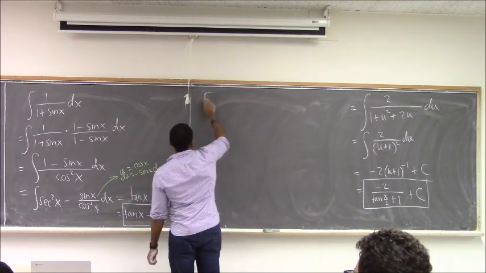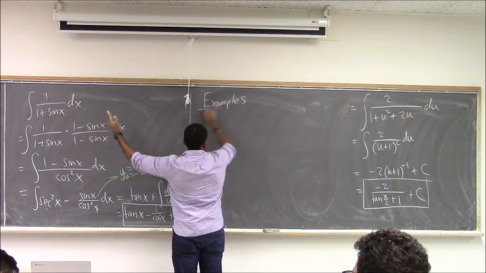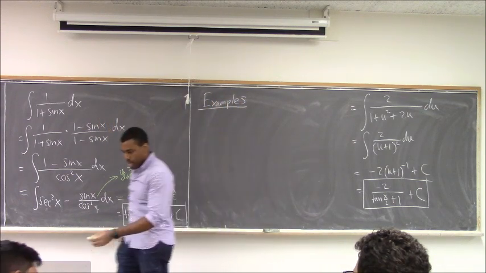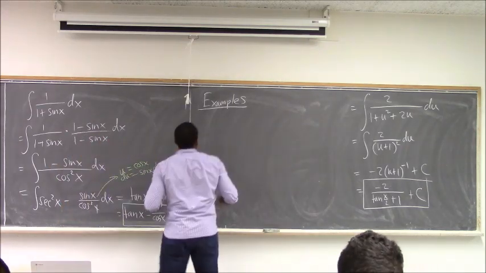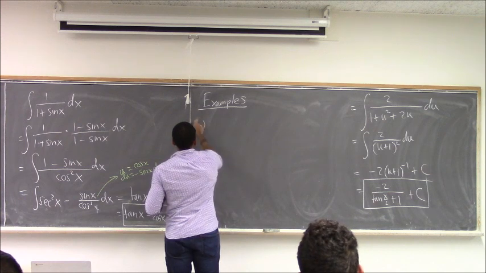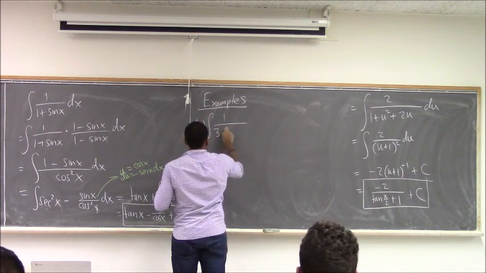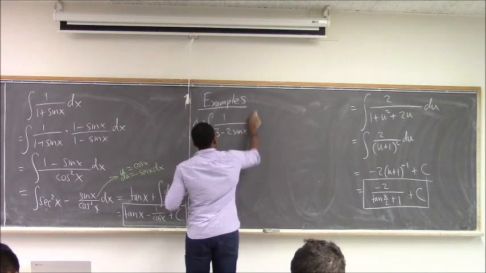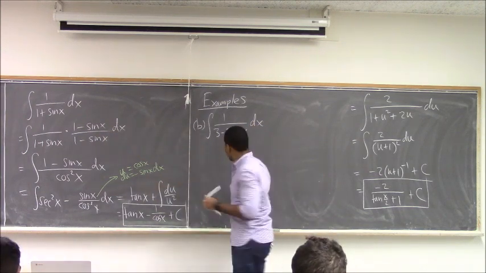Other than that, for next time, try out these examples. In addition to the example I asked you to do for the rational roots theorem, by Tuesday, also try doing these examples. Now you'll notice with this one, a trick like what you did here isn't going to work out.